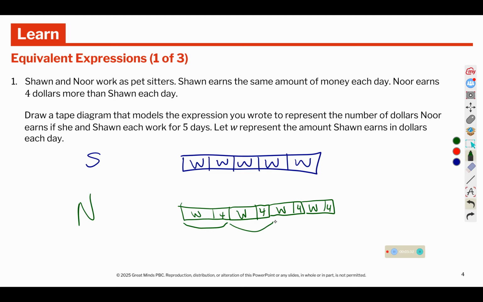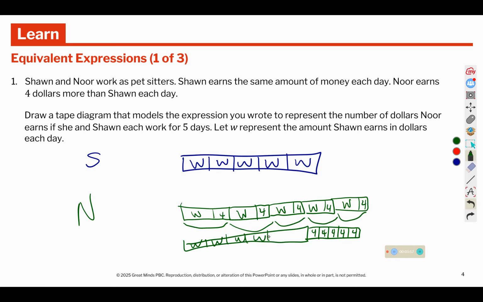So 1, 2, 3, 4, 5 days. But you could regroup it so that you have your W's together and your 4's together. So there's 1, 2, 3, 4, 5 W's and 1, 2, 3, 4, 5 4's.